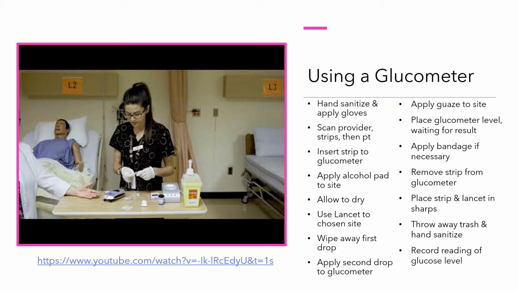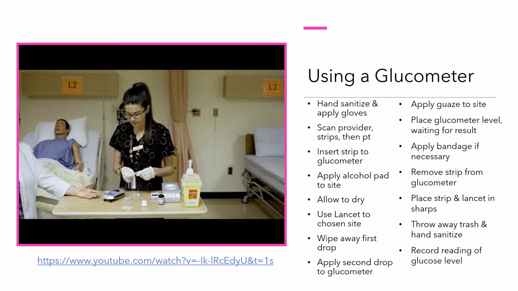So we're going to squeeze their finger, not milking, but just squeezing that area, which will push more blood out. And we're going to use that second drop on the glucometer. Then you will apply your gauze to the site and make sure that the glucometer, while it's waiting for the result, is placed level. Just lay it flat on the counter or the bedside table.